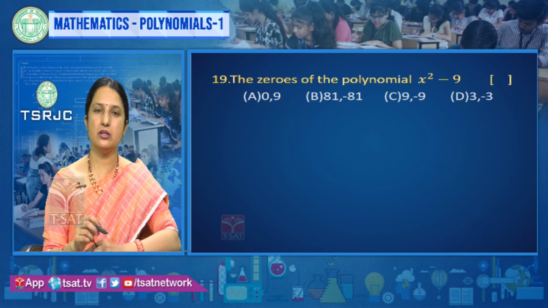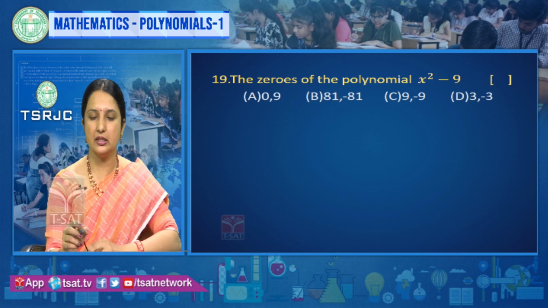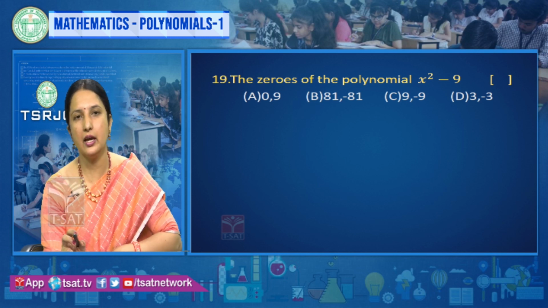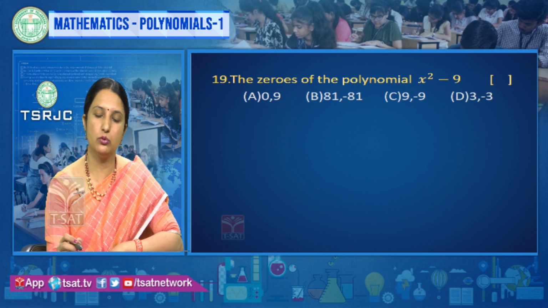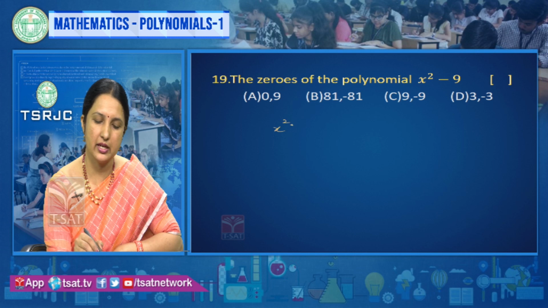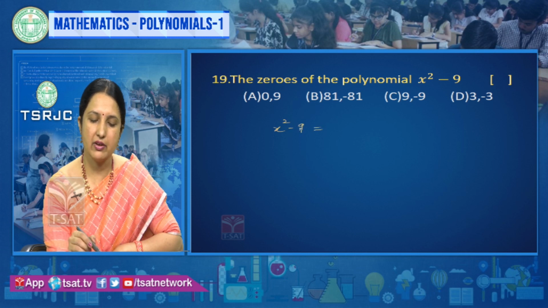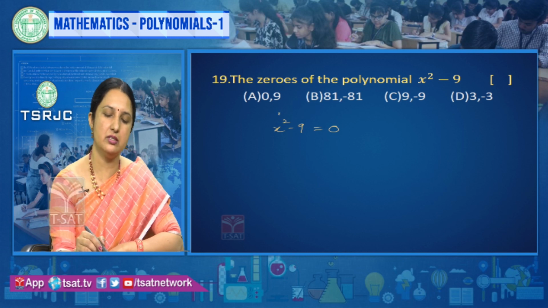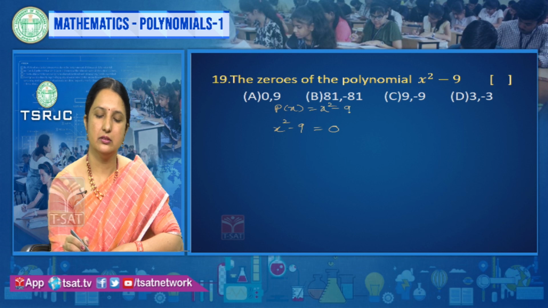Either it can have no zeros, or it can have 1 zero, or it can have 2 zeros. At most 2 zeros can exist. Here we will see how many zeros exist. x square minus 9 equals 0, because here p of x equals x square minus 9. So you write 0 in the place of p of x, then x square minus 9 equals 0.